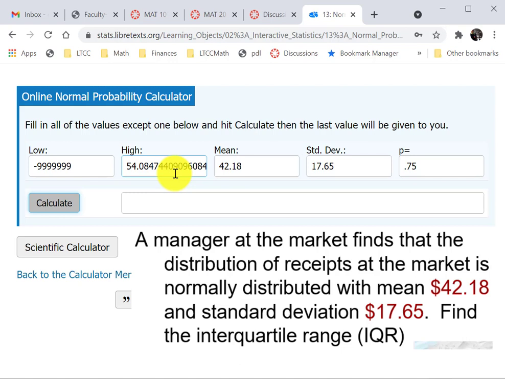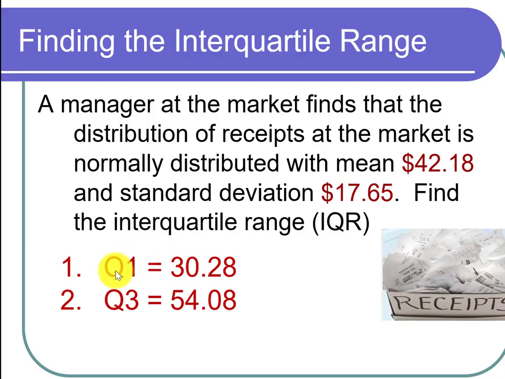And now I can go work out the interquartile range by going back to the question. So we have that Q1 is 30.28 and Q3 is 54.08. The interquartile range is Q3 minus Q1.